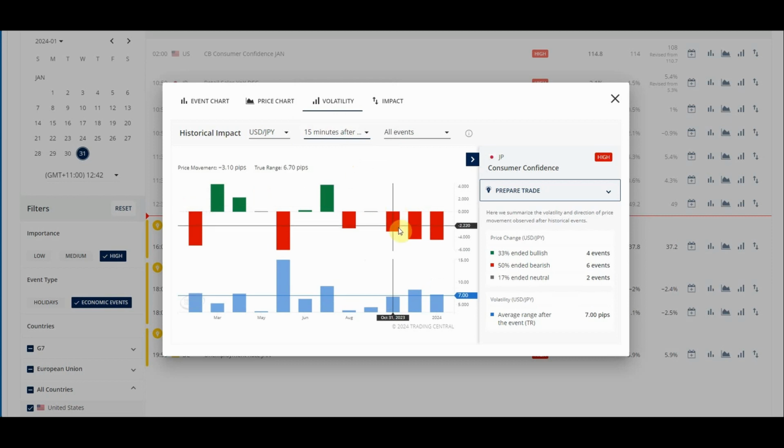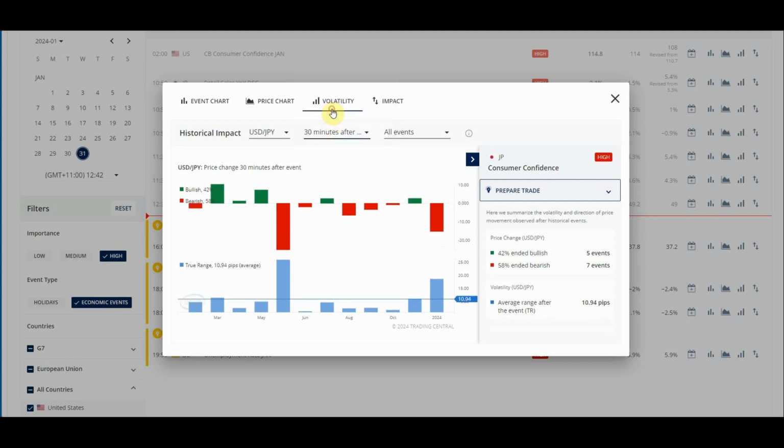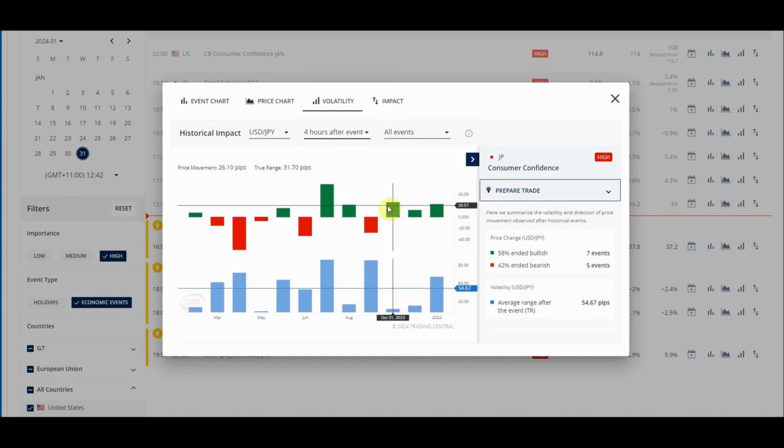Now, what I can identify from particularly these 3 bars, in the event the actual is above our forecast, we've gone down for the first 15 minutes, so 5 to 15 minutes, and then what happens in the next period of time after that, they all end up positive over that period.